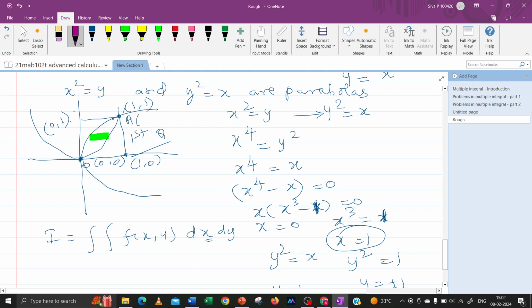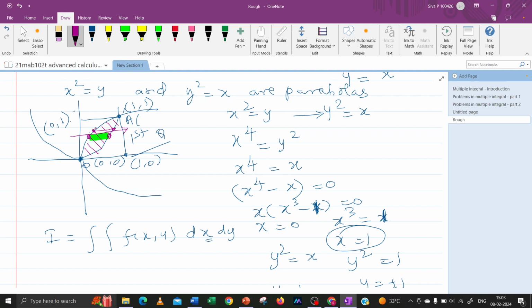The region lies between x square equal to y and y square equal to x. Are these two parabolas? Within these parabolas is the region. If you draw the parallel line to x, you see the region starts from this parabola and ends with this parabola.